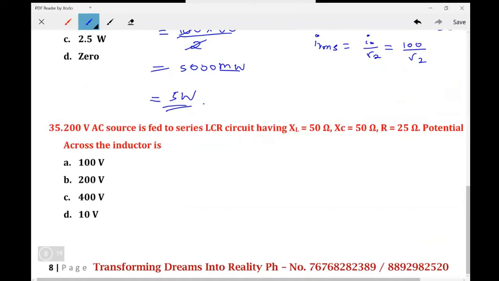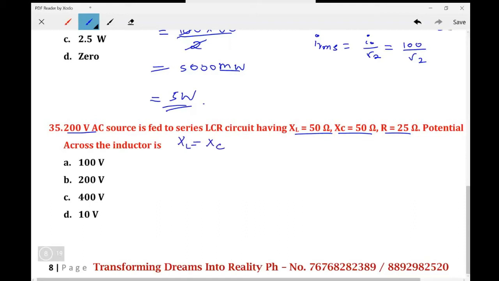A 200 volt AC source is fed to an LCR circuit having XL 50 ohms, XC 50 ohms, and R equal to 25 ohms. The potential across the inductor. If you read this question carefully, here XL is equal to XC.